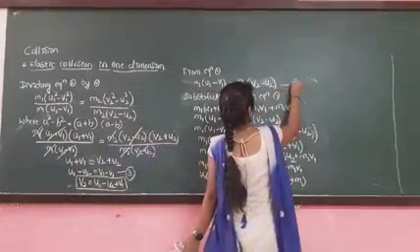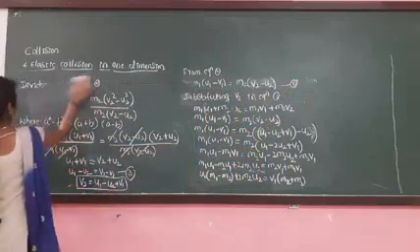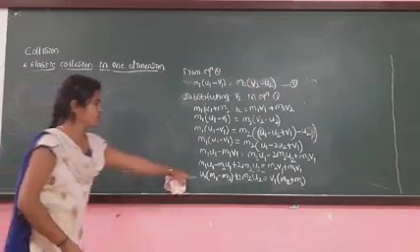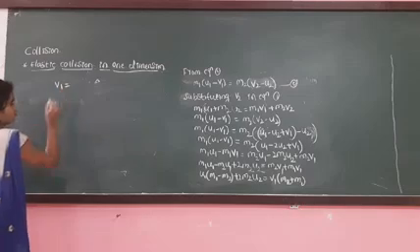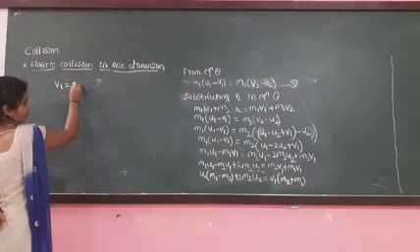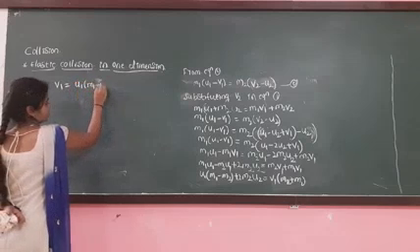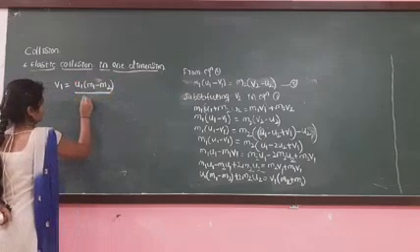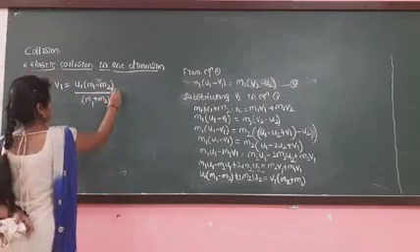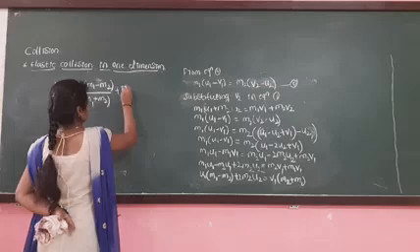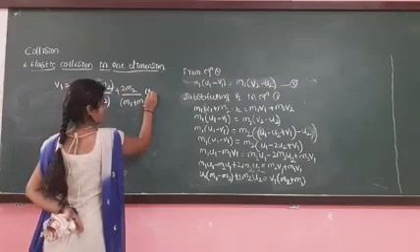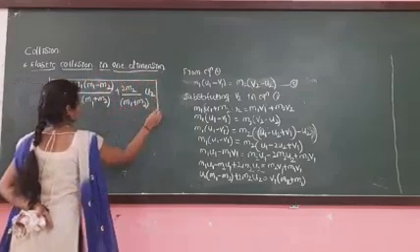Next, continuing: v1 equals u1 (m1 minus m2) divided by (m1 plus m2) plus 2 m2 divided by (m1 plus m2) times u2. This is the equation for v1.